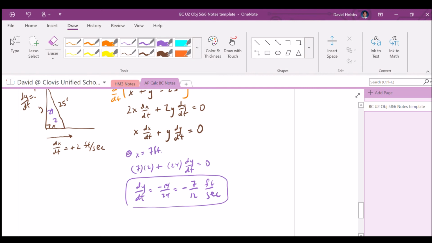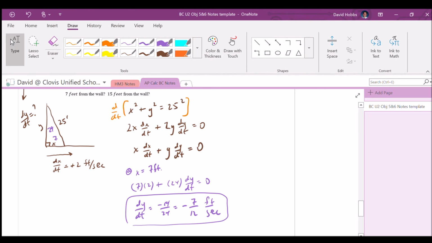Now, they also wanted to know at 15 feet. Do you think it's going to be the same rate, or a different rate? Let's check it out. At x equals 15 feet, let's see, 15, 25.